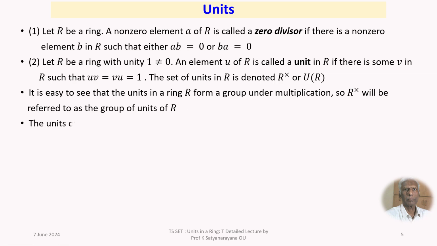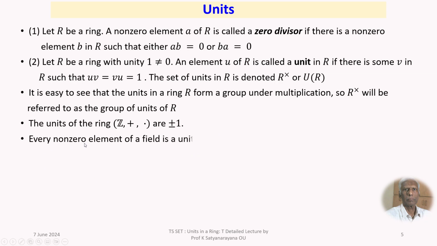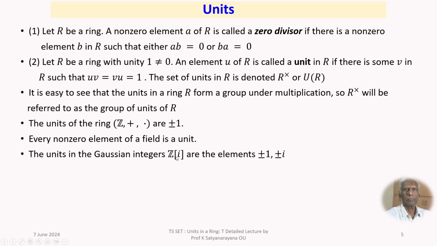Right? So the units of the ring, very famous, is an integral domain, Z, plus, dot. Units of the integral domain of integers: what are the units? Who are the elements which admit multiplicative inverses? They are plus or minus 1. So it has only 2 units. And every non-zero element of a field is a unit. Right. The units in the Gaussian integers, Z[i]: what are Gaussian integers?